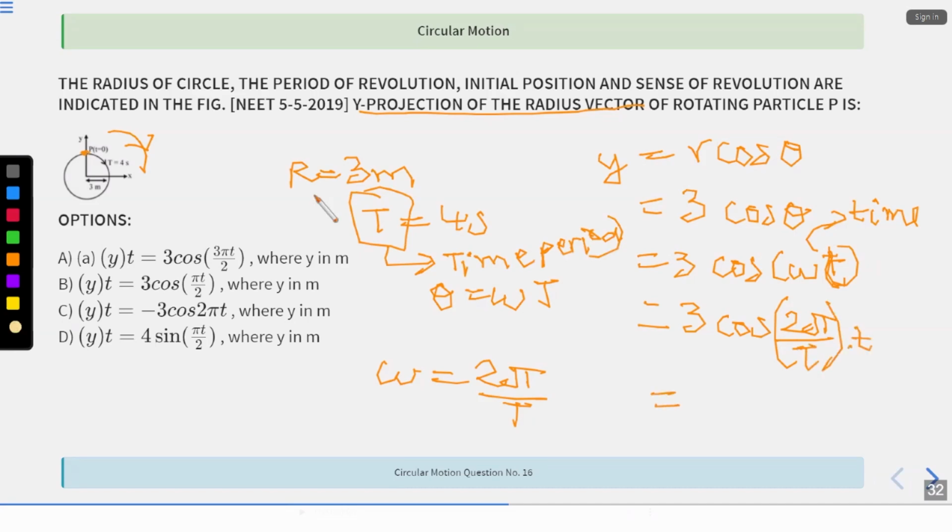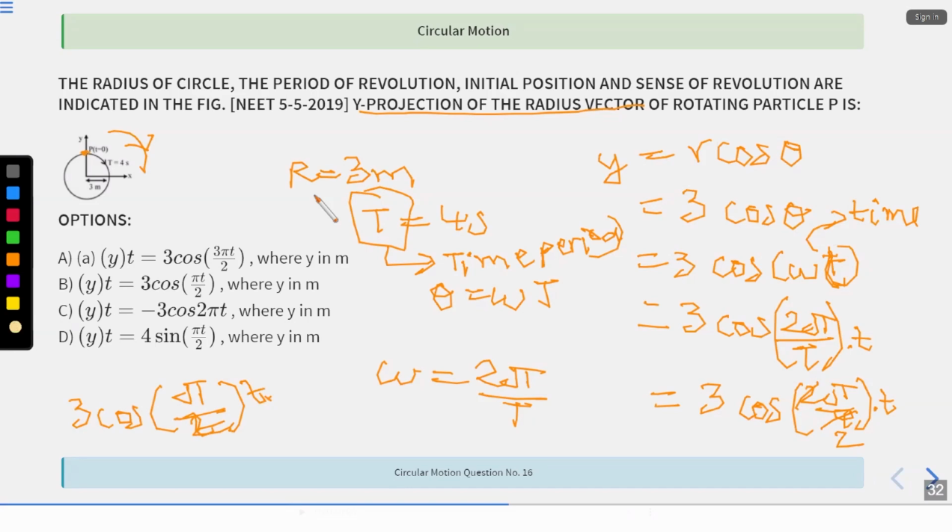So I can still write this as 3 cos 2 pi by 4 into t. So I'll write it as 3 cos 2 pi by 2, so it will be pi by 2 into t, right?